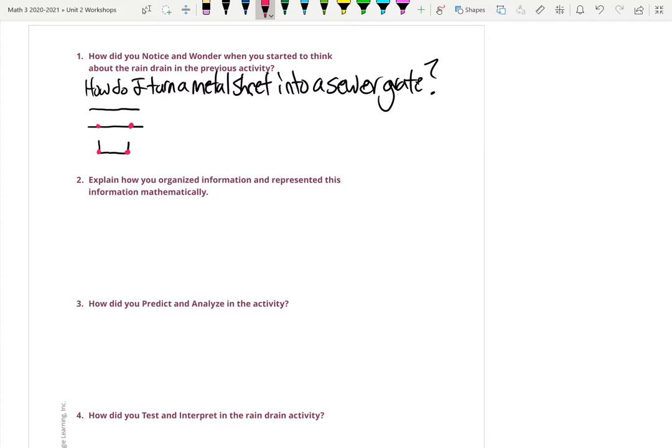And voila. Then we were like, well, what happens if I take the same size sheet of metal and I want to fold it further in? That would cause the sides to go up.